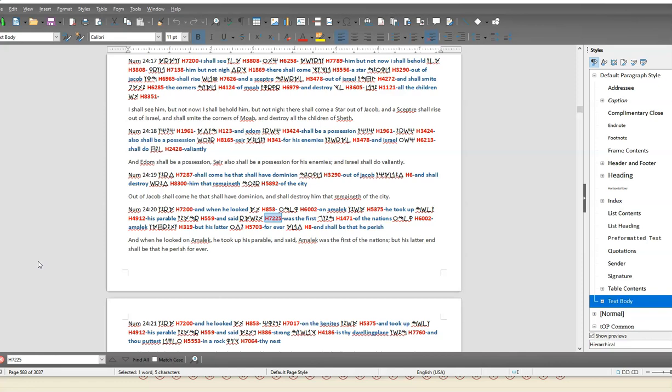What are they going to say? They're either going to say Rashit is beginning, or first fruits, or in this case, first. And there's no was, but was the first of the nations, Omlak. So that's what Rashit Goyim Omlak, it's saying something about Omlak.